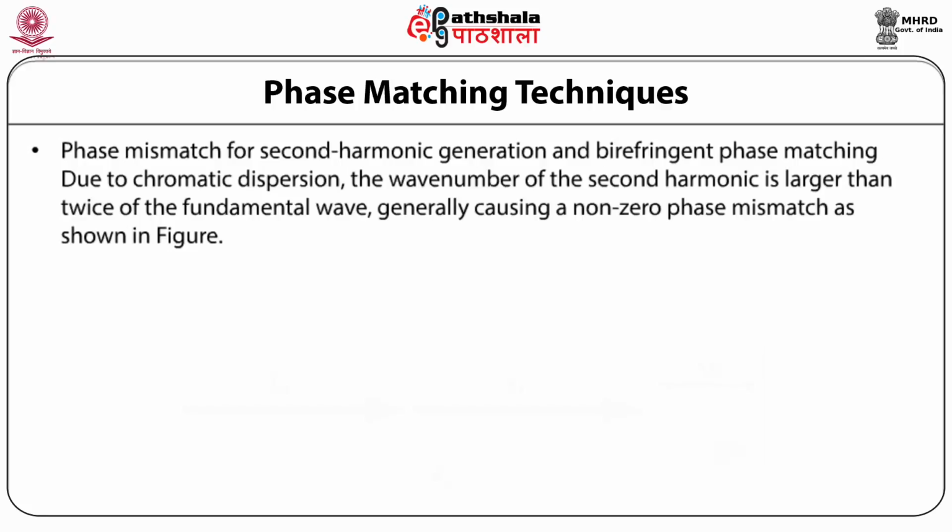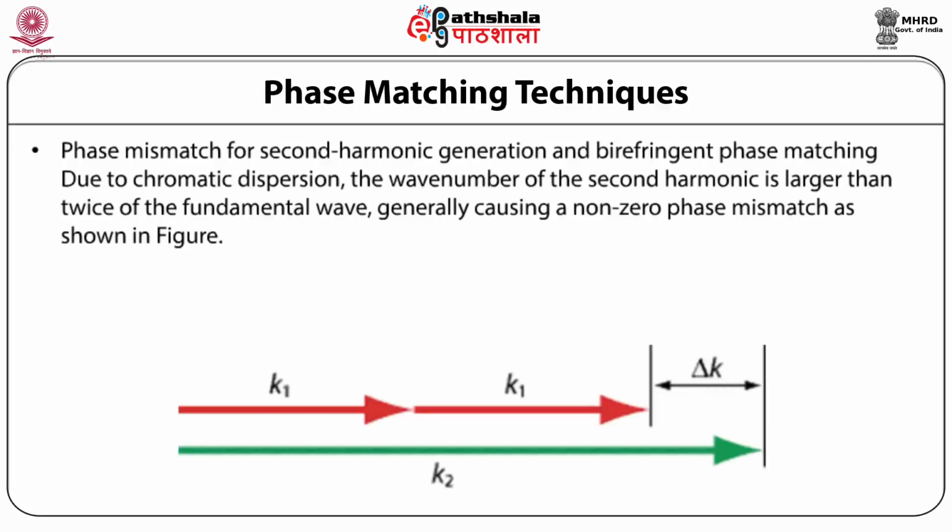Due to chromatic dispersion, the wave number of the second harmonic is larger than twice that of the fundamental wave. Dispersion generally causes a non-zero phase mismatch as shown in figure 4. Special measures could be taken to avoid this by choosing a different polarization in a birefringent crystal.